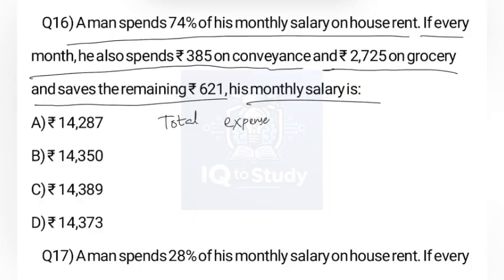Total expenses plus savings is equal to 385 plus 2725 plus 621, that is equal to 3,731. This is 100% of his salary.